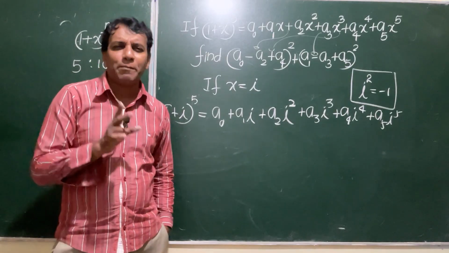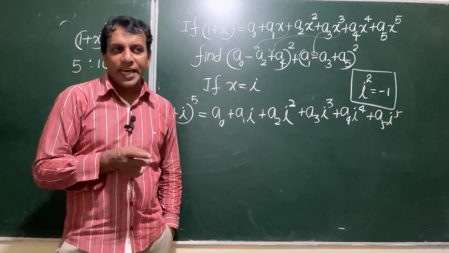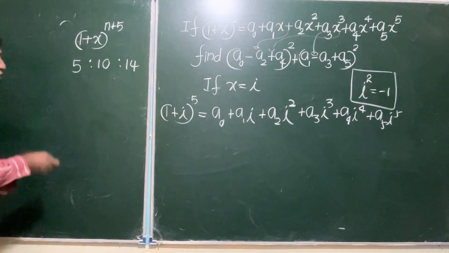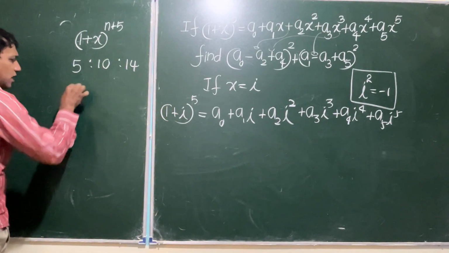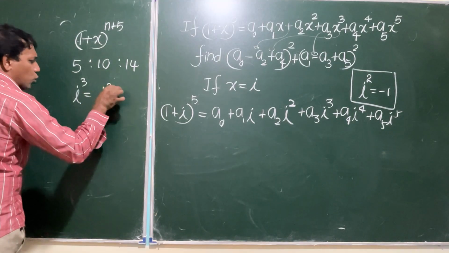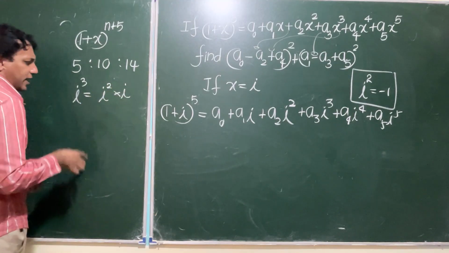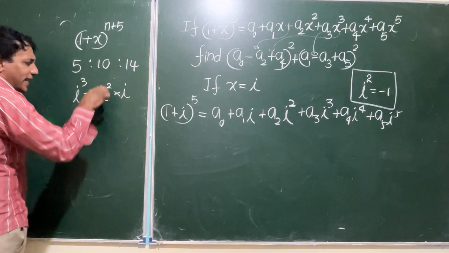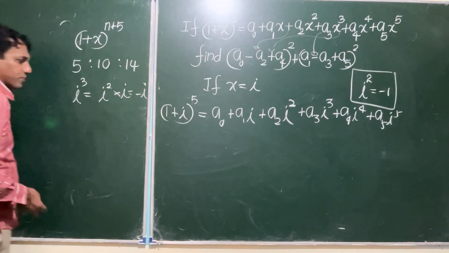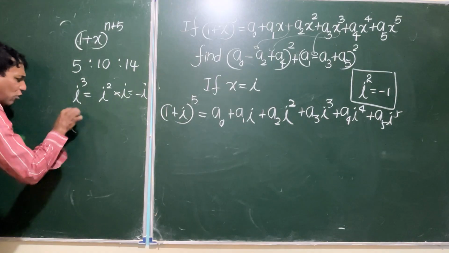Now we refer to some iota questions including I. Basically I square is minus 1. What is I cube? I square into I, so minus 1 into I is minus I. What is I to the power 4?